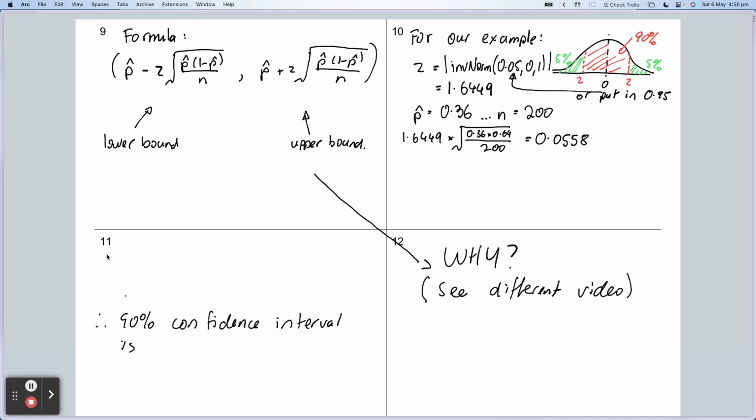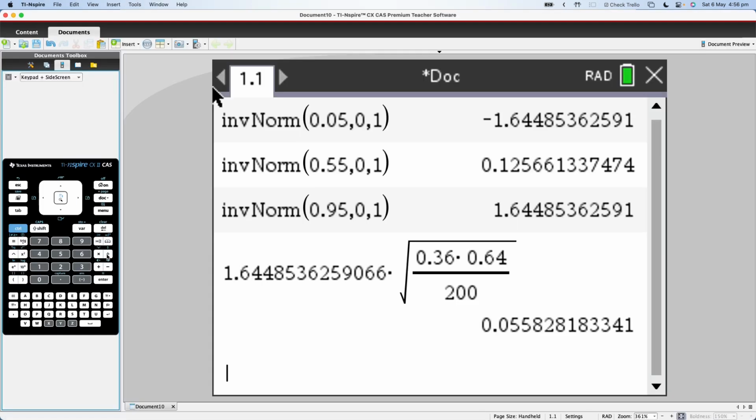So therefore we have the following. On the left-hand side, the lower bound is p-hat minus 0.0558, and the upper bound is p-hat plus 0.0558, and these two values are, again, using as many decimal places as possible.